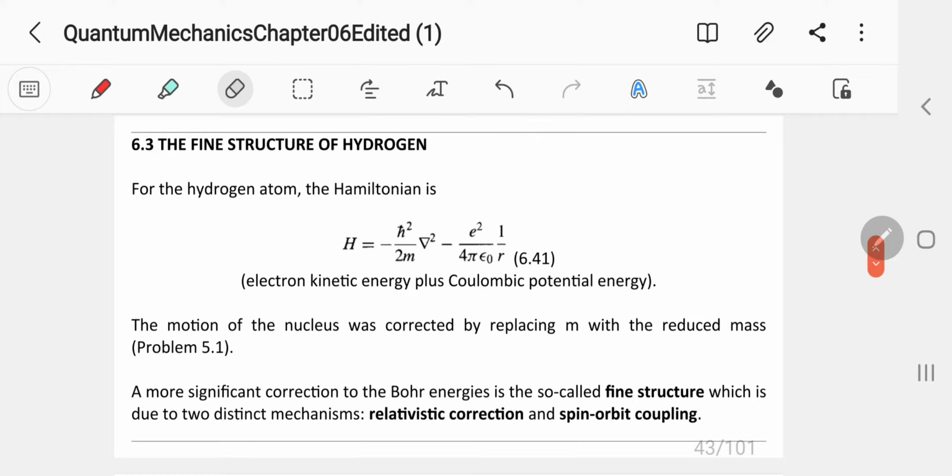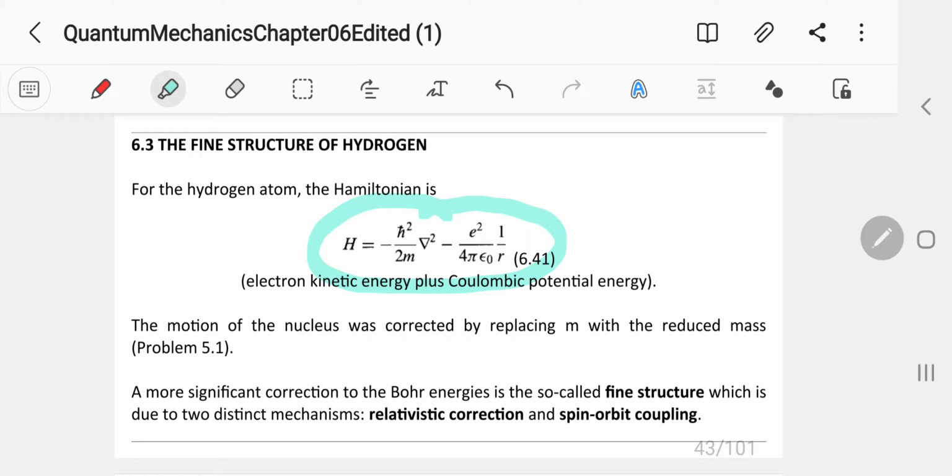So we'll now go to the fine structure correction of hydrogen, because as you know, the energy levels of hydrogen are also degenerate. So for the hydrogen atom, the Hamiltonian is of course given by this. The first term is the kinetic term and the second term is the potential.